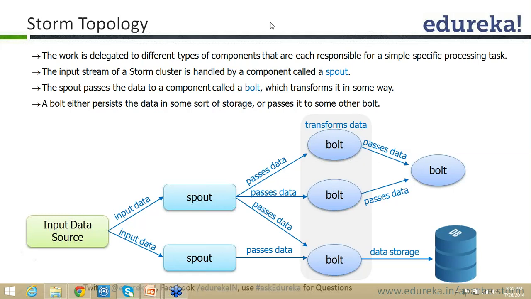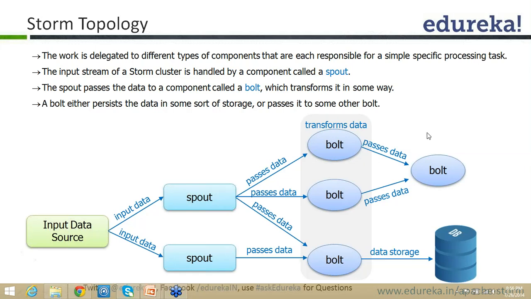There is something called reliable spouts and reliable bolts, wherein there are message replay mechanisms available, where you track whether a message is processed or not. So those kinds of stateful transactions are possible. I hope you get the answer, right?